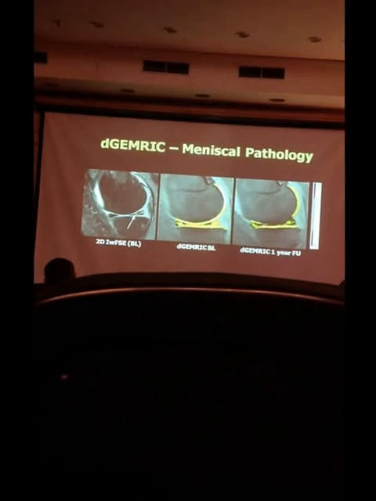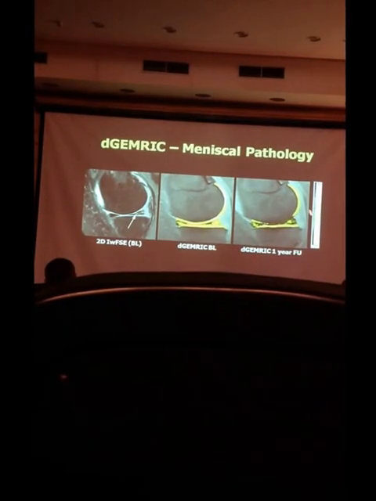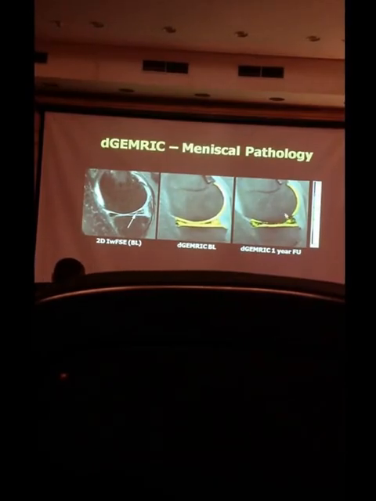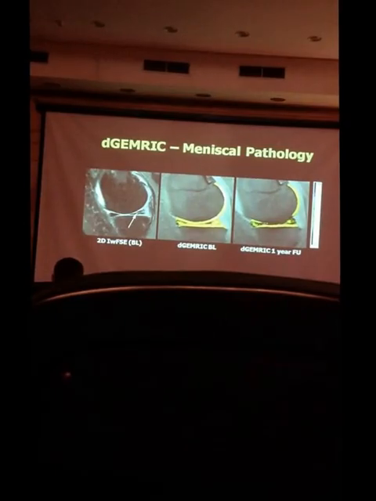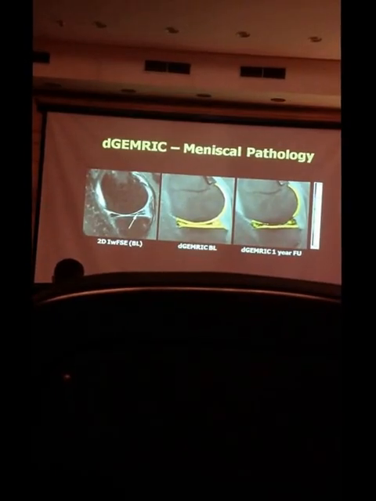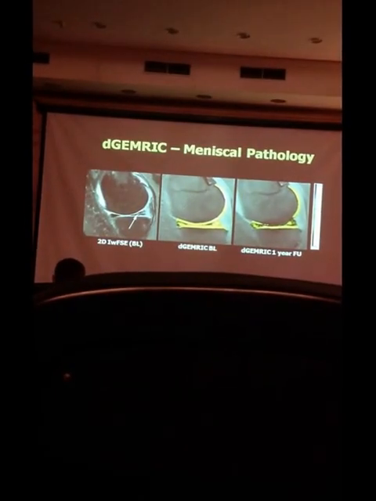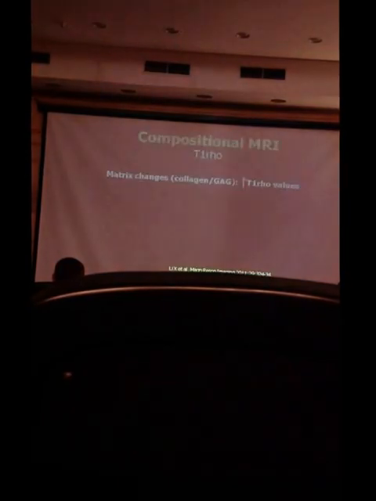You can see most of the colors were yellow or blue, and you can see here in the scale, those represent higher degenerative indices, so not a lot of degeneration. And 1 year later, look what happened to the central region of the medial femoral condyle. It turned red with lower degenerative values, meaning lower GAG content. So the cartilage started to degenerate more. So we could monitor the GAG content regarding the presence of meniscal pathology.